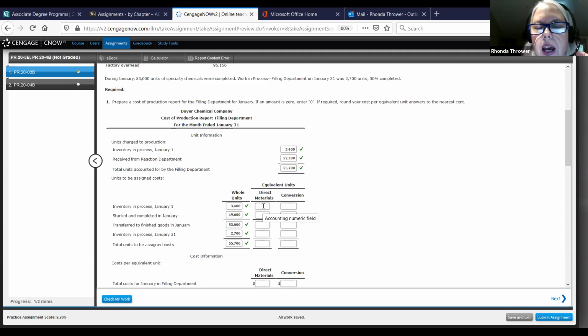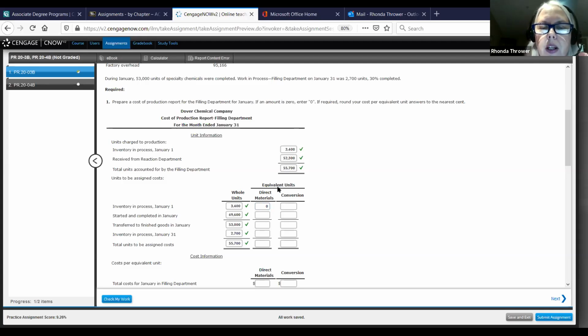In other words, they have 100% of the materials that were added last month. But this is January, and January is what we want to record for the equivalent units. If all the materials were added last month, then 0 materials will be entered this month. Our equivalent units is the portion of the units that could have been finished during this period of time.